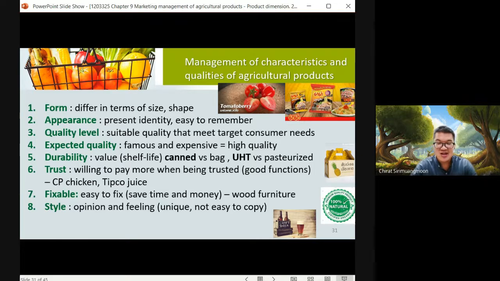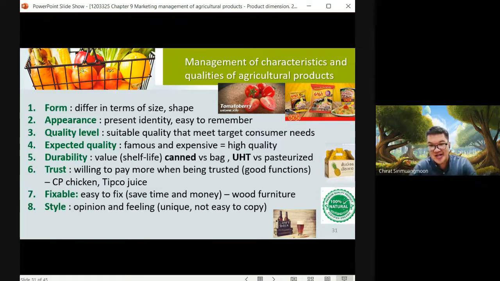Last one, style. Style is when you have something very special that presents your identity or characteristic that the other brands cannot make happen. So we can sell these things to be the style. Like here we have craft food, like craft beer that you can promote.